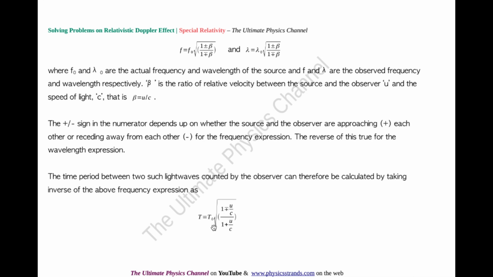T is equal to T naught square root of (1 minus or plus u over c) over (1 plus or minus u over c). Instead of beta here I have used u over c. So this is again the inverse of the time period expressions. Now with these ideas in mind, we can proceed to solve some problems on this topic.